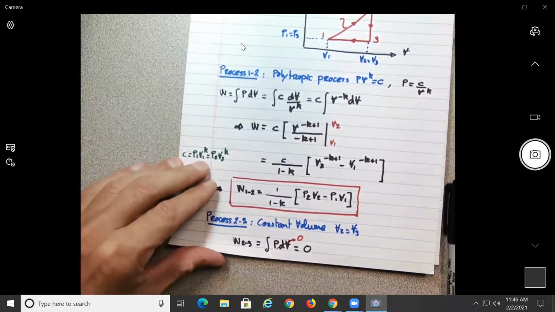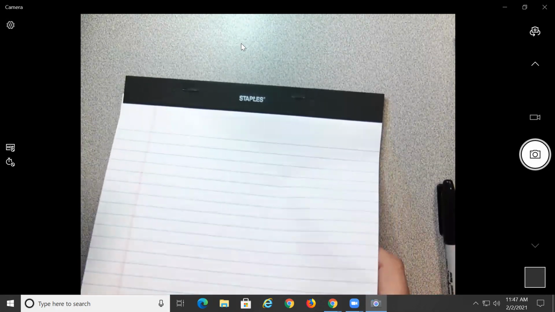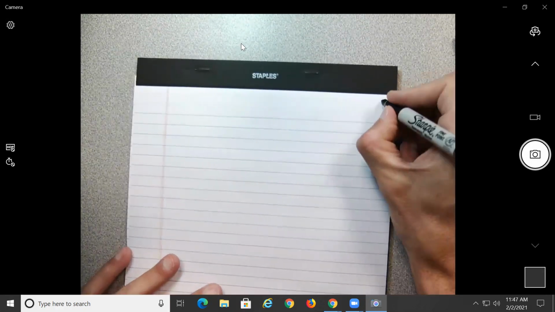All right. So I'm done with this notepad. Let's move to another one. All right, so page 21.